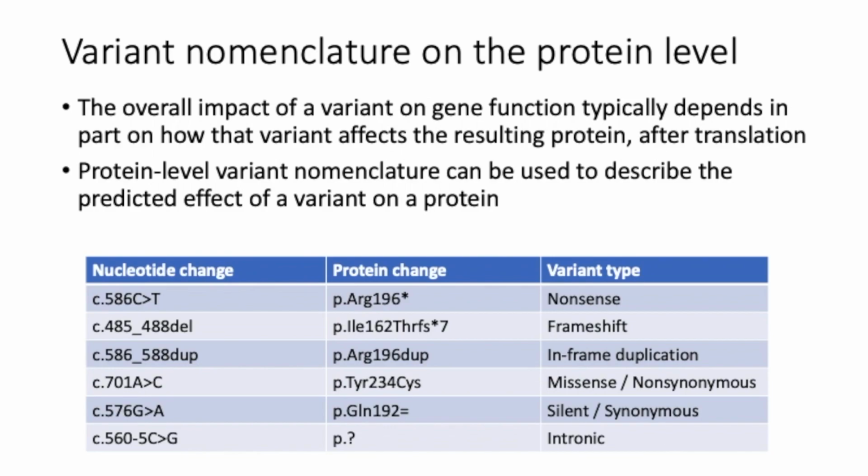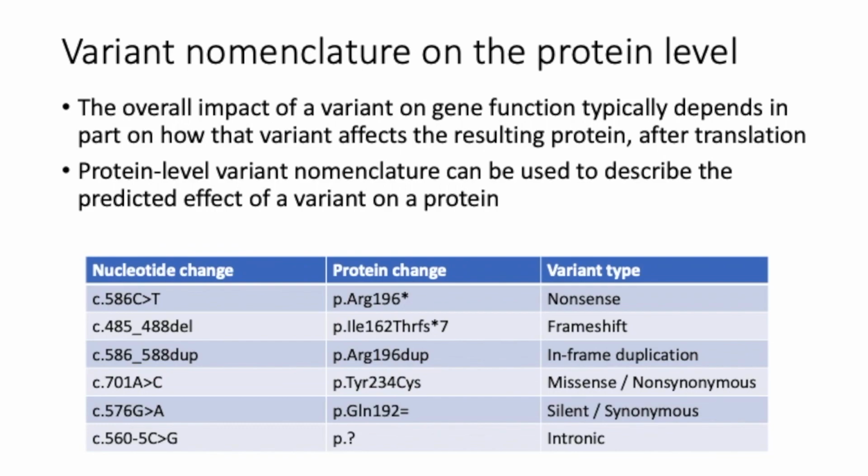In the second variant example, 4 nucleotides are deleted, which leads to a shift in the 3 nucleotide reading frame for translation, where every 3 consecutive nucleotides are translated into an amino acid in the protein. The first amino acid residue in the protein affected by this deletion is the isoleucine at amino acid position 162. This isoleucine is converted to a threonine in the protein due to the shifting of the reading frame caused by the deletion.